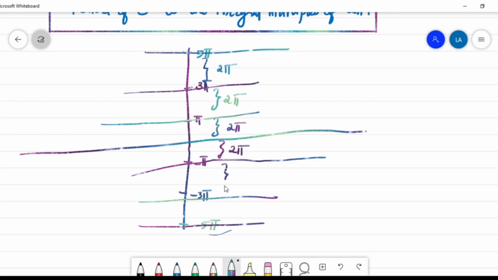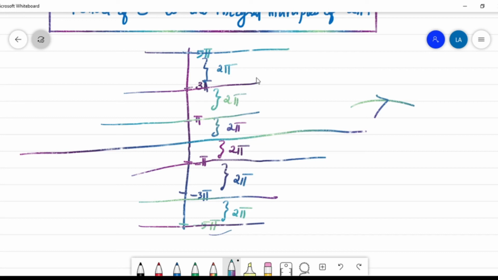Okay, so what we are saying is that in these horizontal strips, when we are mapping the function to the range, the exponential function will behave the same way in each of the horizontal strips.